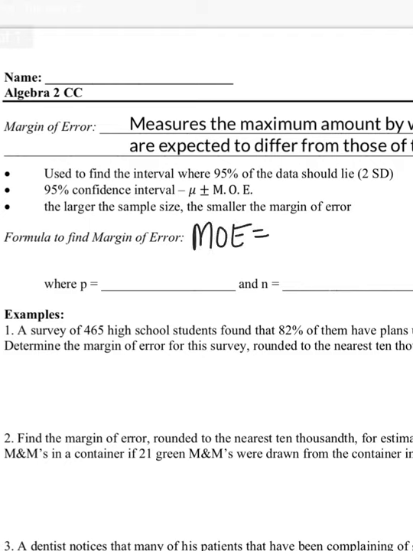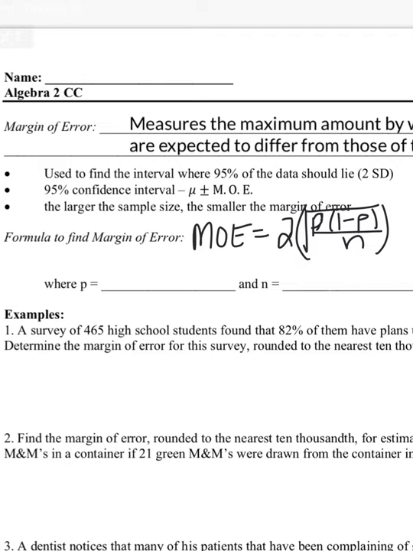Your margin of error is 2 times the square root of P times 1 minus P, divided by N. I'll go over what these variables are in a second. So if your margin of error is 2 standard deviations, just this piece alone is the formula to find the standard deviation.